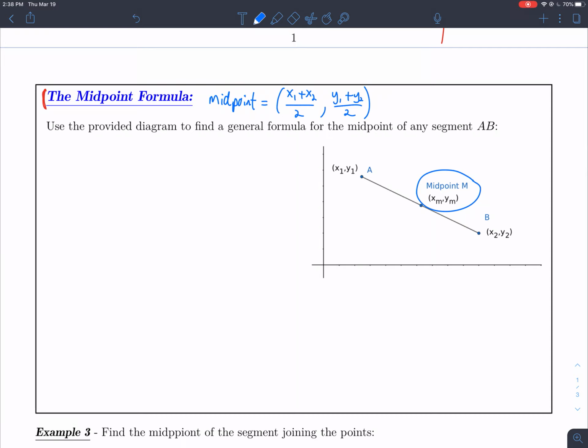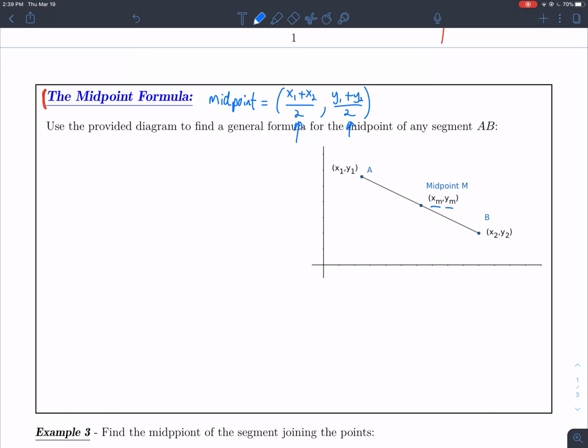So what we want to do is say something very specific. If I show it's the midpoint, I have to show something like this happening. So I have freedom. What is this point? x sub m, y sub m, what is that?